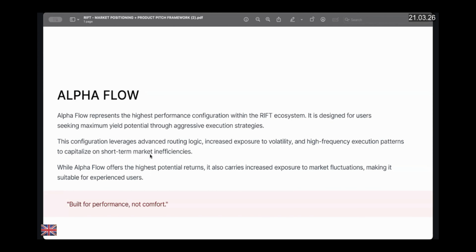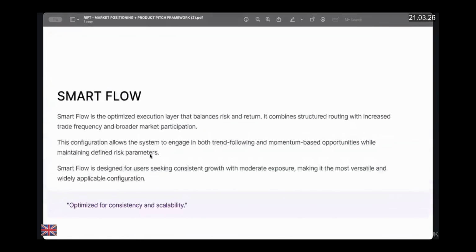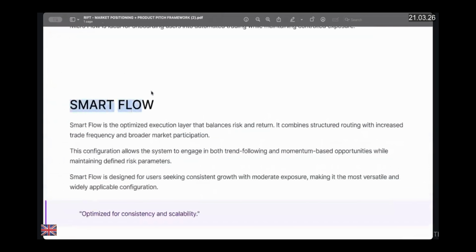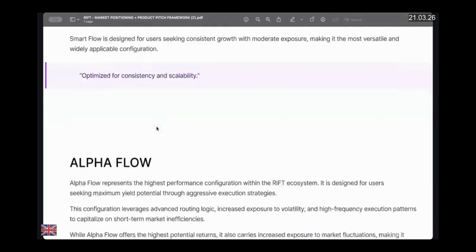This configuration leverages advanced routing logic, increased exposure to volatility, and high frequency execution patterns to capitalize on short term market inefficiencies. While Alpha Flow offers the highest potential returns, it also carries increased exposure to market fluctuation, making it suitable for experienced users.